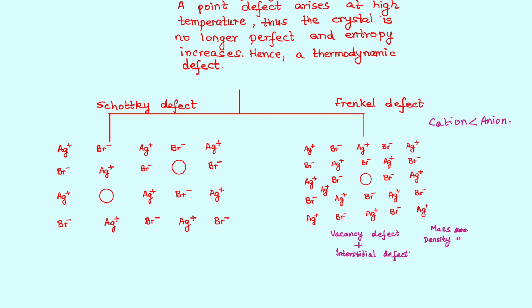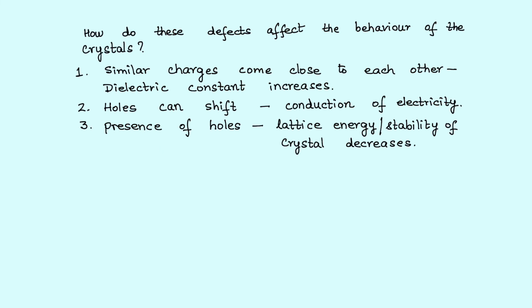Here also there are holes in the case of Schottky defect. So this affects the dielectric constant as the similar charges come close to each other. Not much detail is required about this. It's just to make sure that we understand the whys and hows of things.